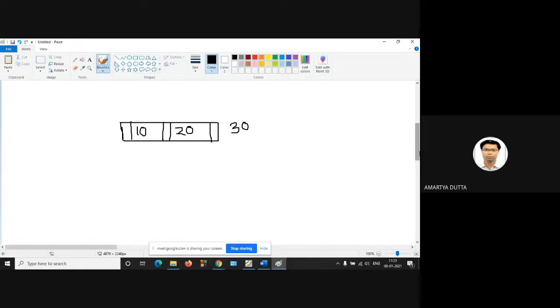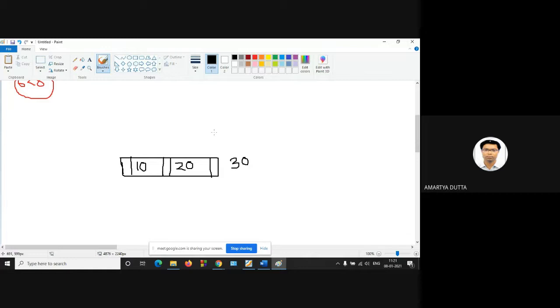So after splitting, we can get 20. 20 is the median. Okay. 20 is your median.